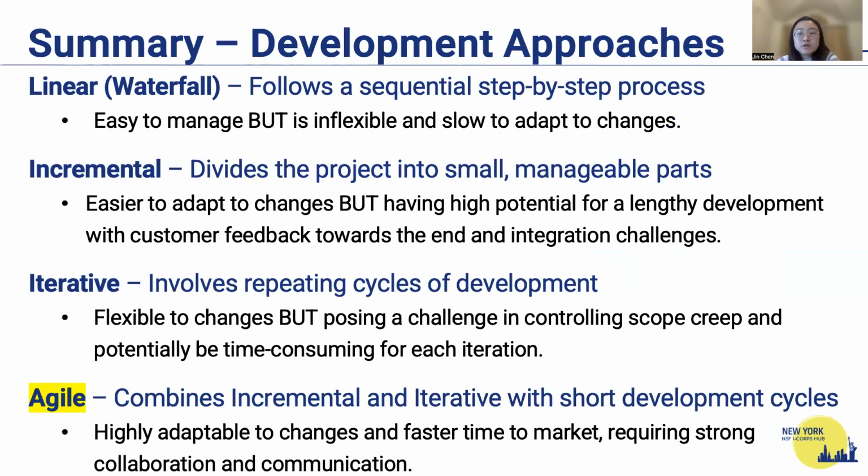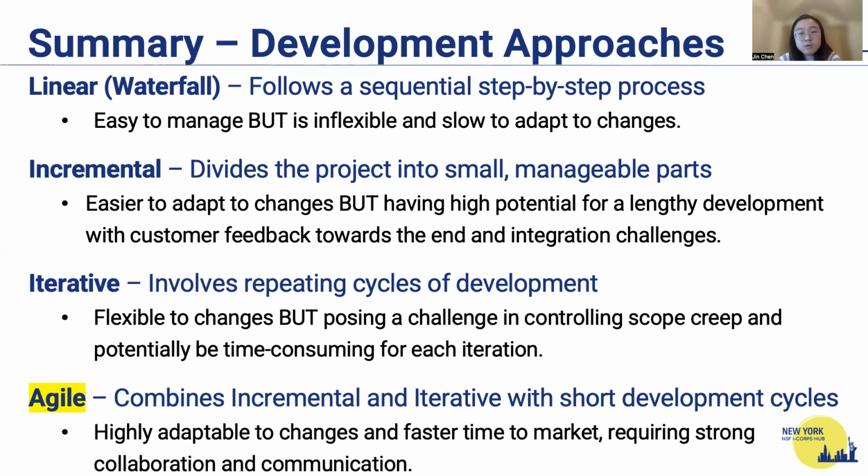So here's the summary of the four approaches that we discussed. The waterfall model is easy to follow with its step-by-step process, but it is hard to adapt to changes. The incremental approach is a bit easier to adapt to change with divided parts, but it's very hard to get customer feedback with a partial product and can have integration challenges.